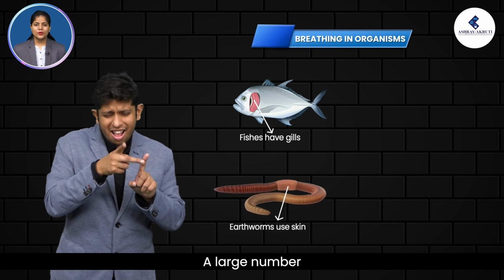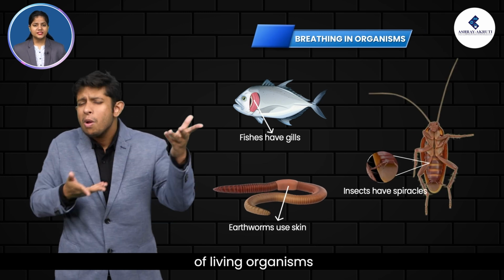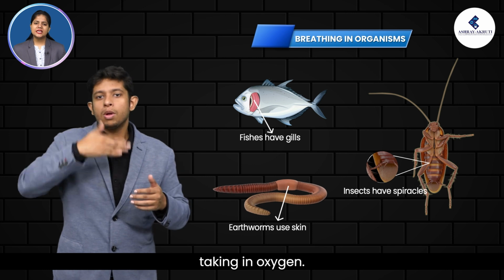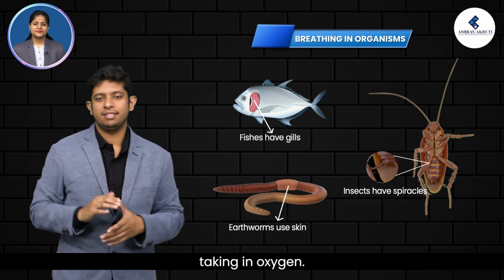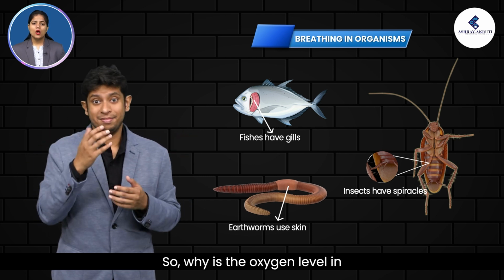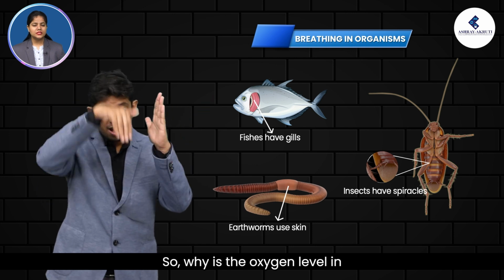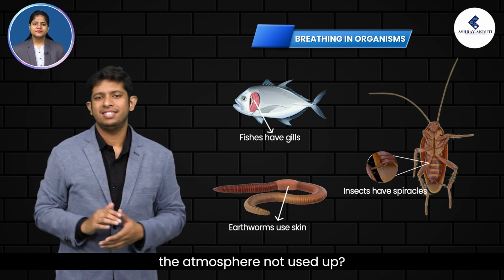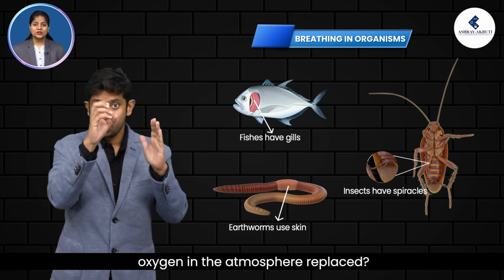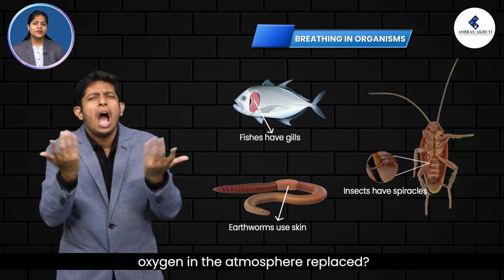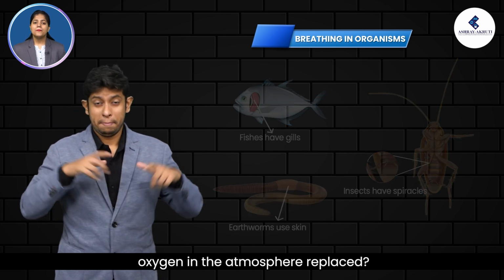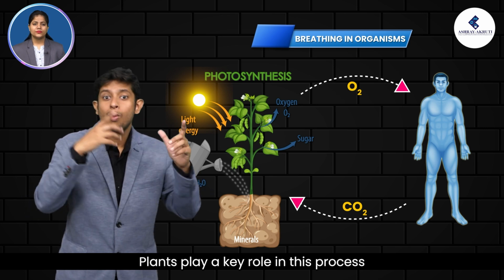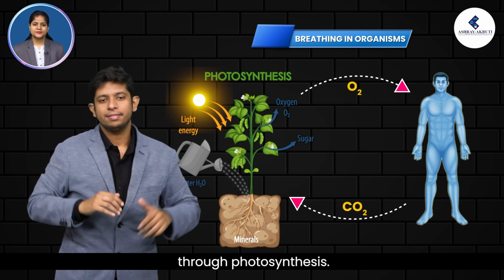A large number of living organisms breathe air, taking in oxygen. So, why is the oxygen level in the atmosphere not used up? How is the oxygen in the atmosphere replaced? Plants play a key role in this process through photosynthesis.